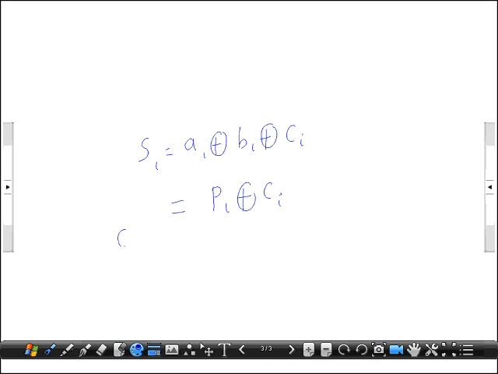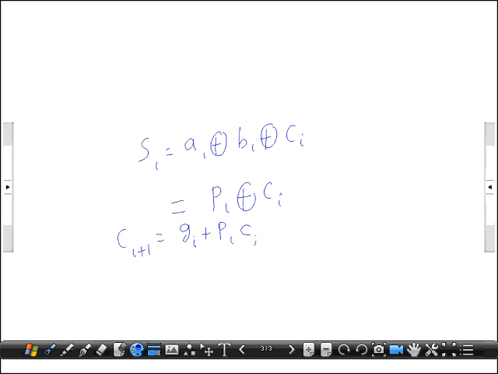And the main equation of CLA is Ci plus 1 is equal to Gi plus Pi into Ci.